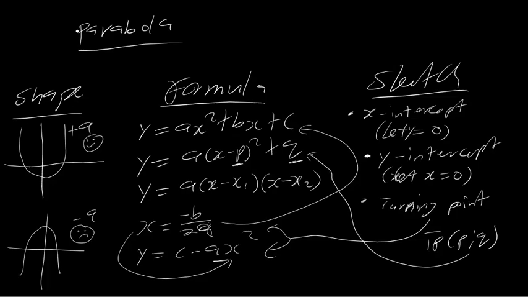Know that the p represents the x value of the turning point and the q represents the y value of the turning point. So I can also write it like this, where I say p is equal to negative b over 2a, or I can say q is equal to c minus a p squared, where there's x, I just put p, which is the same as the x value of the turning point.